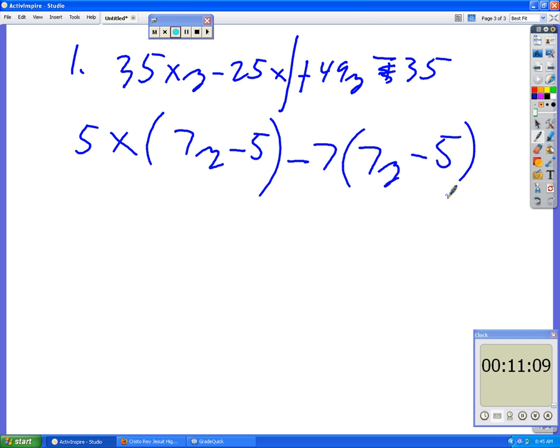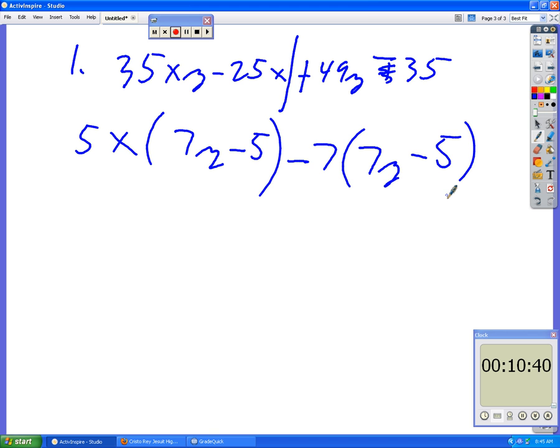Now at this point, you can almost always tell whether the problem's right or not. What do you look at? Are the parentheses the same? If they are, it's probably right. It's not impossible, but it's almost impossible to have these 2 be the same and still get the wrong answer.